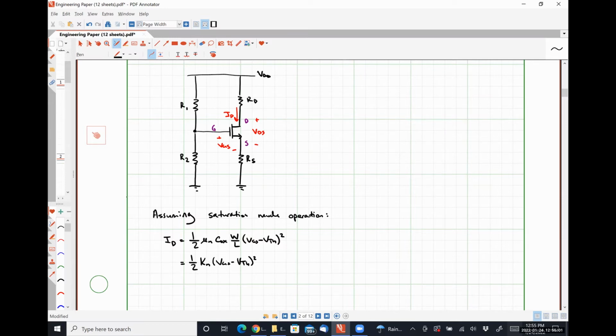What I mean by that, VGS by definition will be the voltage present at the gate terminal minus the voltage present at the source terminal. And we can pretty easily see what the voltage present at the gate terminal is because we know that there is no gate current IG. So the left-hand side of this circuit is just a simple voltage divider 100% of the time.